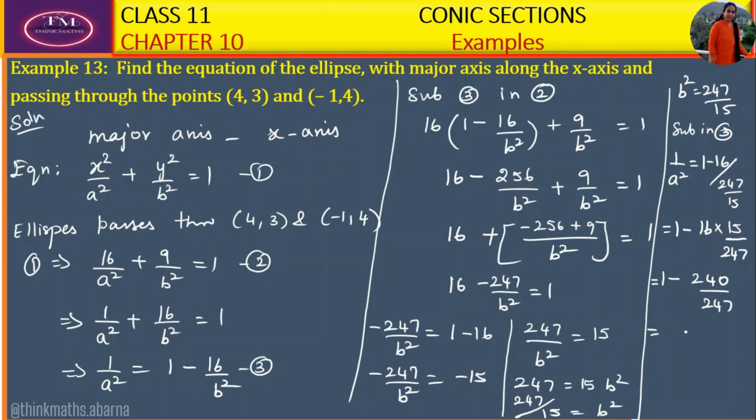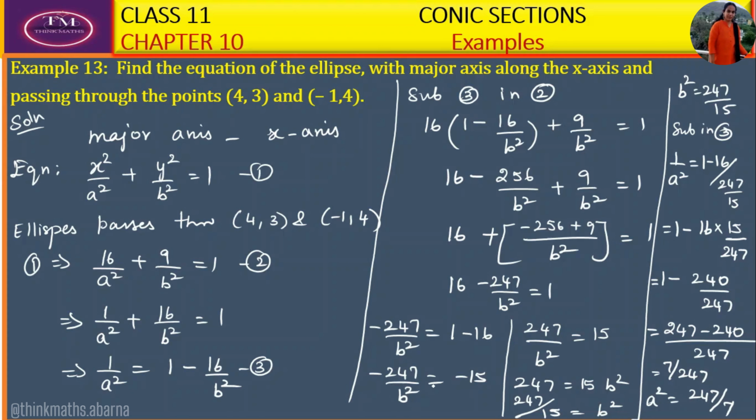So which is equal to, if I take 247 as LCM, 247 minus 240 divided by 247, which is equal to 7 by 247. So 1 by a square is 7 by 247. So a square equal to, just reverse it, 247 by 7.